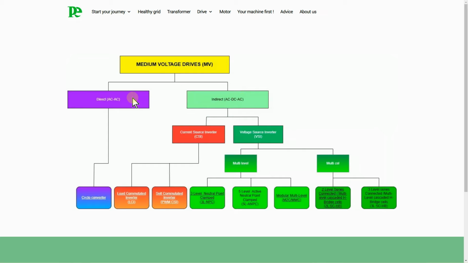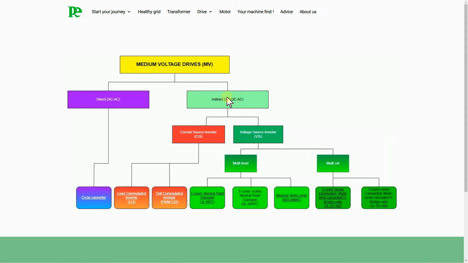For the direct conversion, the cycloconverter diagram clearly illustrates the concept. In contrast, the three-level voltage source inverter exemplifies indirect conversion by first rectifying AC to DC and then inverting it into variable AC.